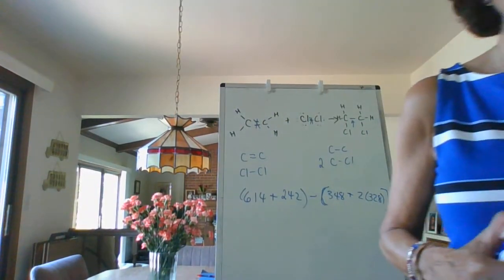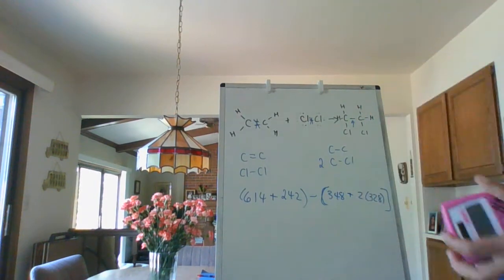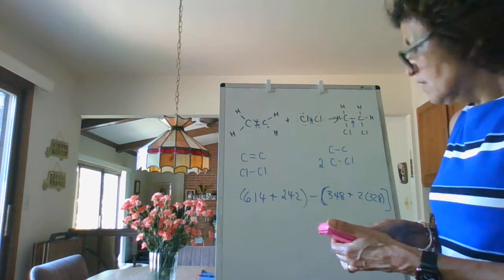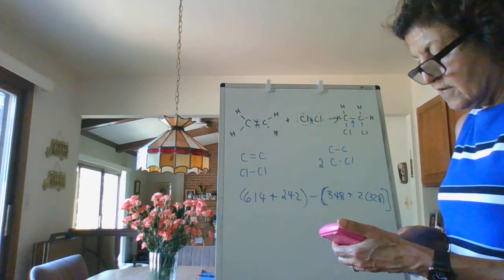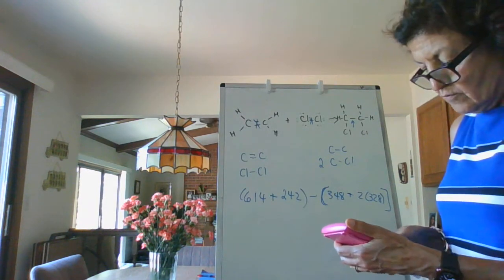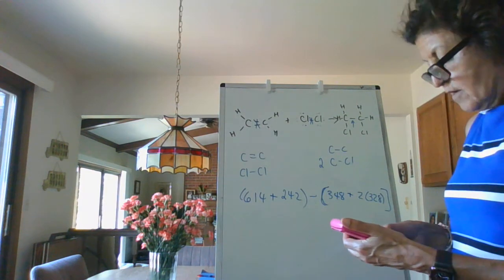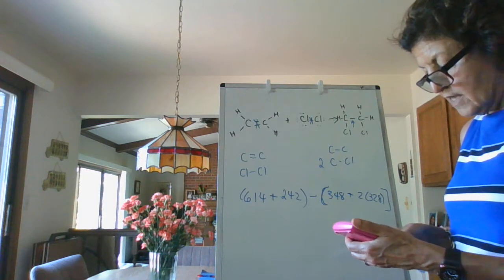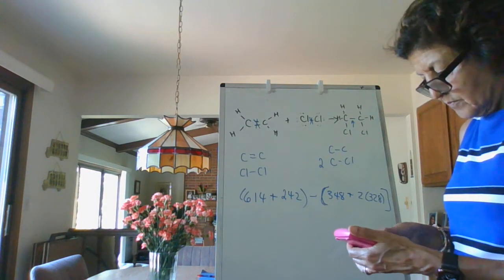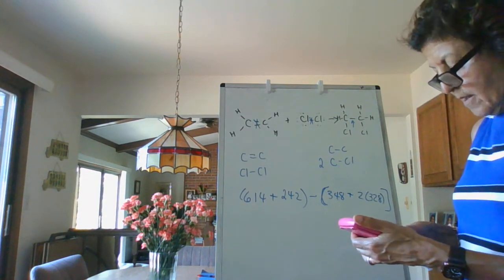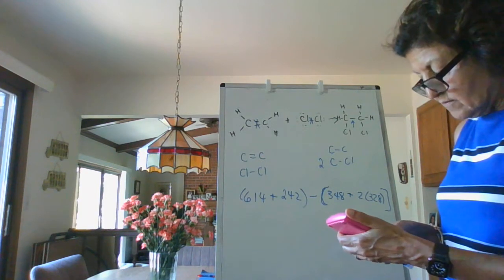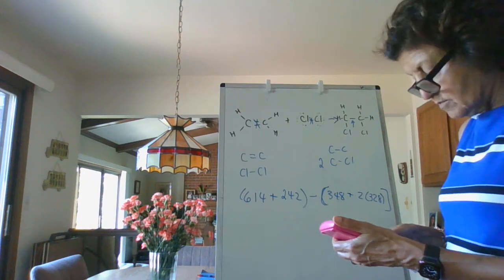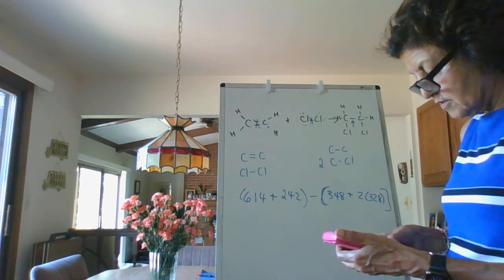So let's plug it into our calculator. Again, these are the reactants, these are the products. So 614 plus 242, and then we're going to go minus 348, minus, and then open parentheses, 2 times 328, close parentheses.